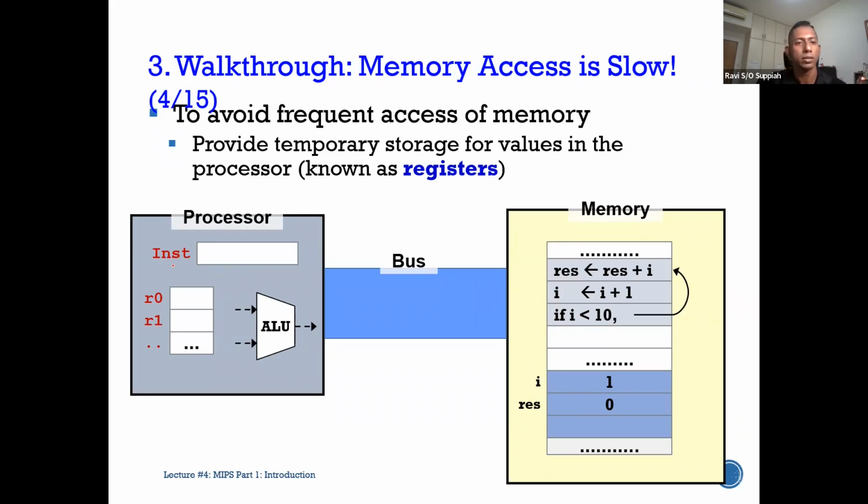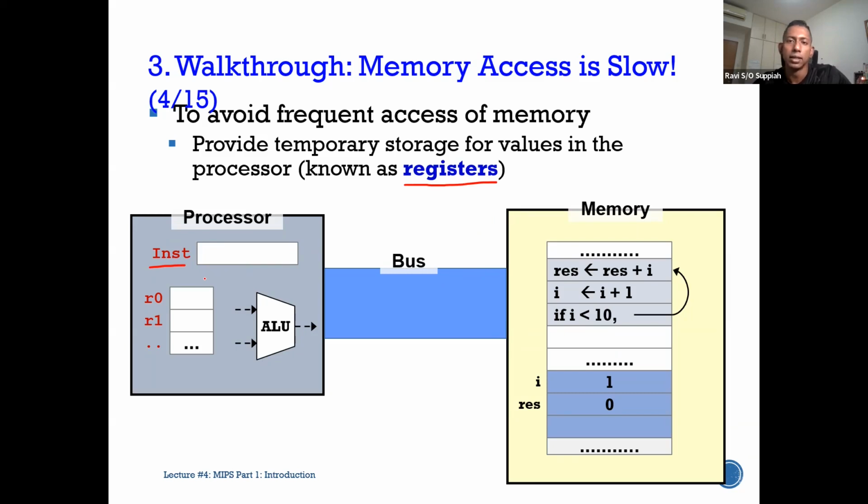So inside the processor, you have a lot of storage spaces, which we call registers. You can think of registers as a small amount of memory that is internal to the processor, that only the processor is able to access. So to store the instructions, I need some space.